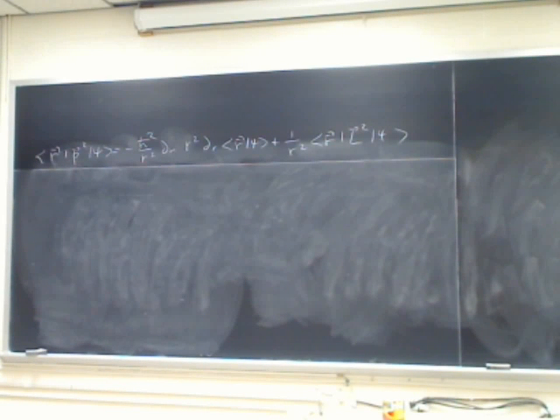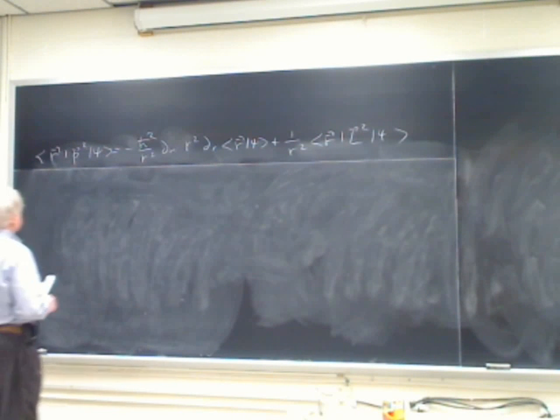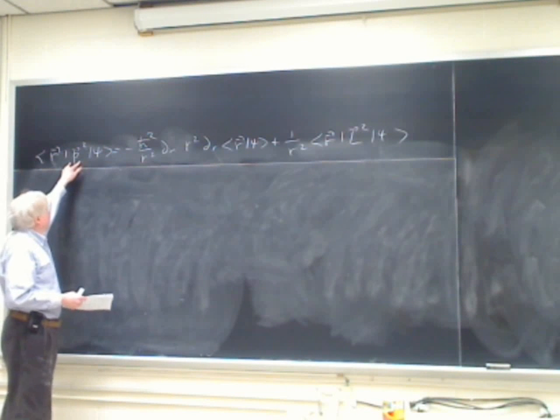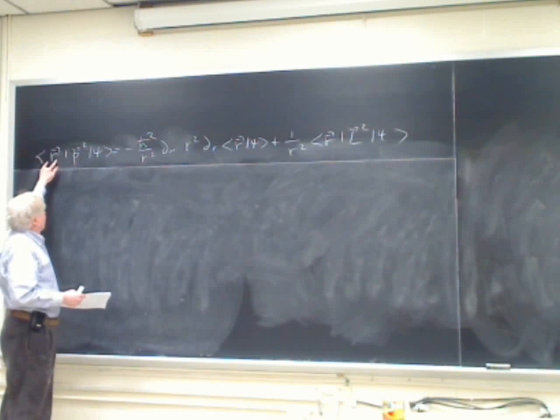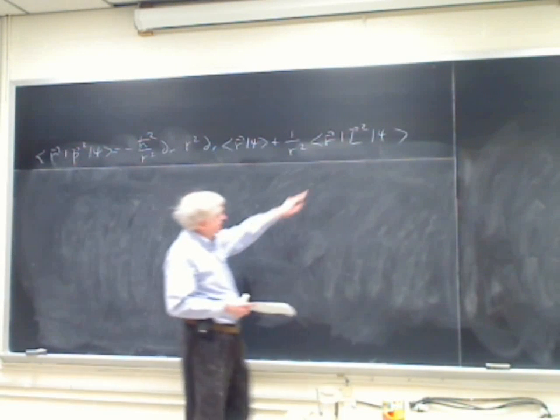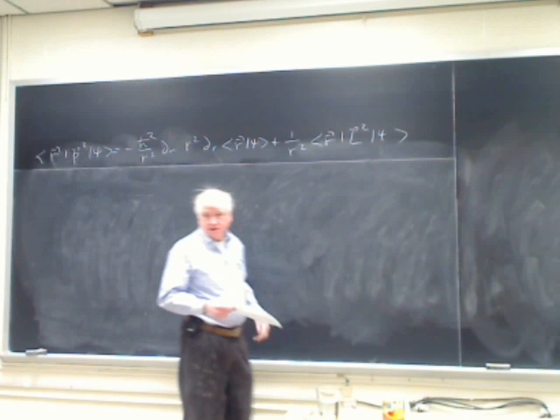Do you want to see this again, or is this stuff that you've seen so many times? So this is the main part of the kinetic energy operator. This is the relative momentum. This is the eigenstate of position operator. This is any old state. This is the angular momentum operator.